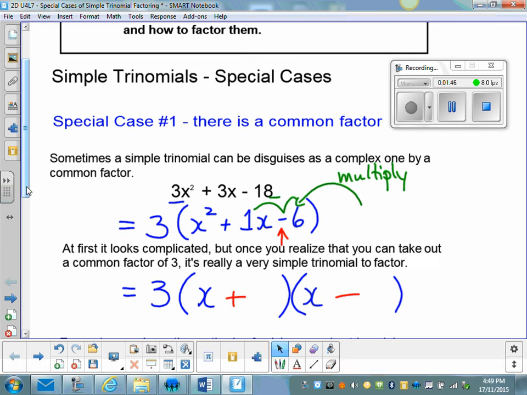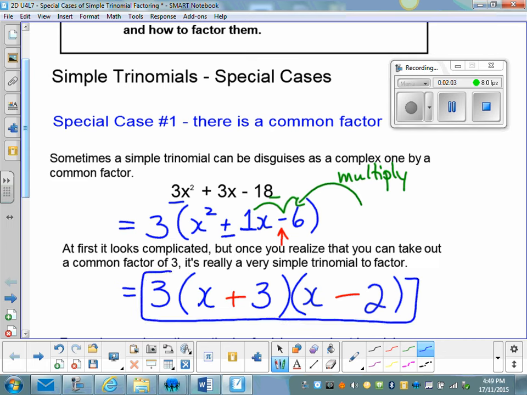So 2 numbers that multiply to give 6 and have a difference of 1 are 3 and 2. And you can see up here when we've got the plus here, that means we need more positives than negatives. So that's going to be a plus 3 and a minus 2 there. So that is what our final answer looks like here.